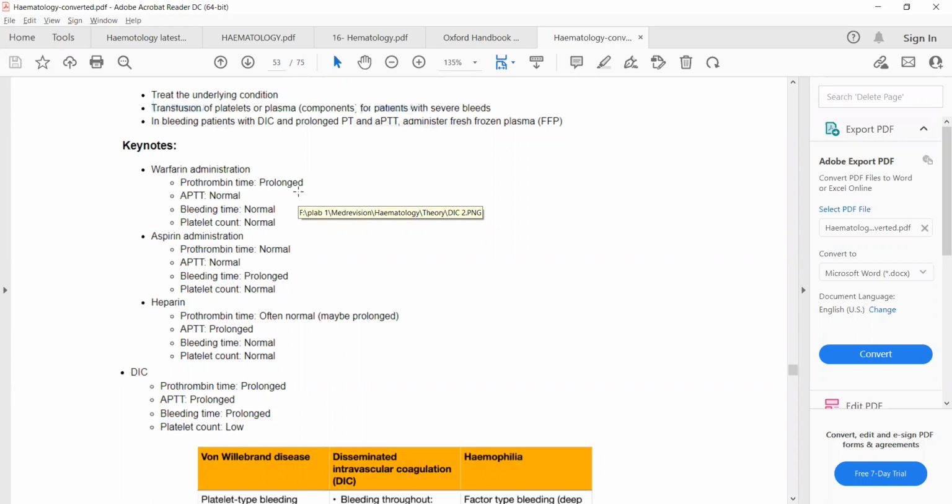Heparin, just like warfarin, will result in a prolonged APTT. So we can say that anticoagulants such as heparin are monitored through activated partial thromboplastin time.